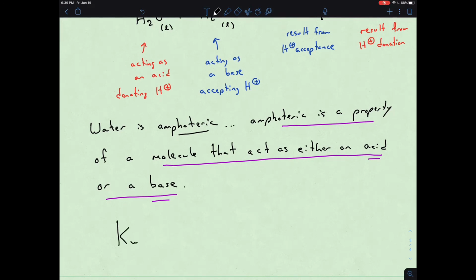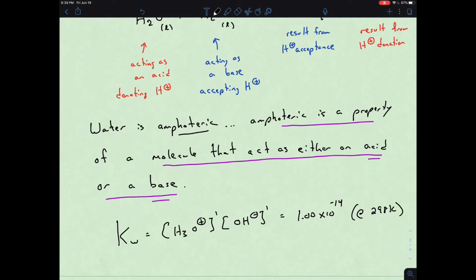So Kw is equal to our hydronium ion concentration times our hydroxide ion concentration, and it has a value of 1 times 10 to the negative 14th at room temperature, at a specific temperature here, 298.